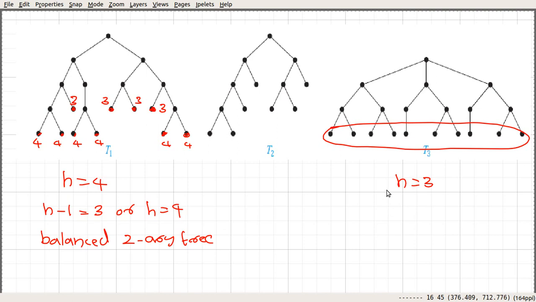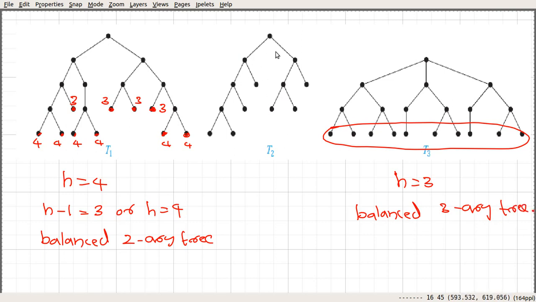The height of the tree is also 3. And again this is a 3-ary tree, all the internal nodes have less than or equal to 3 children. So this is also a balanced 3-ary tree.